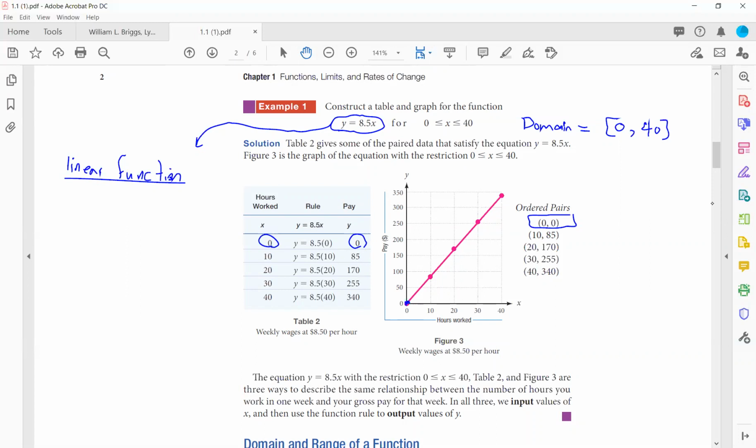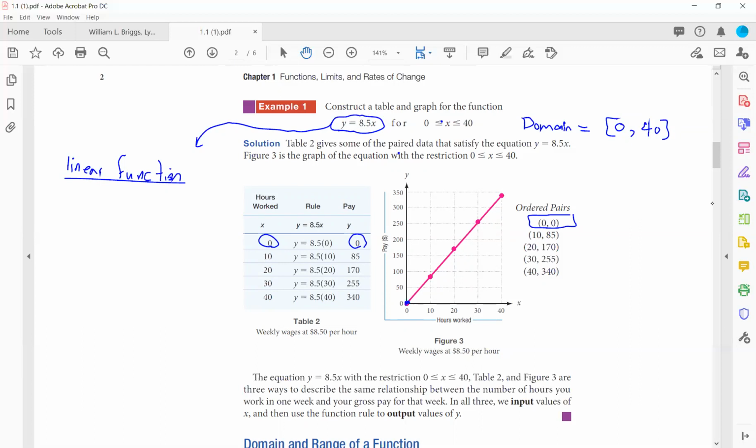We can form the table and graph the function by plugging values for your x. You can take x to be 5, x to be 10, 11, 12, anything you like.